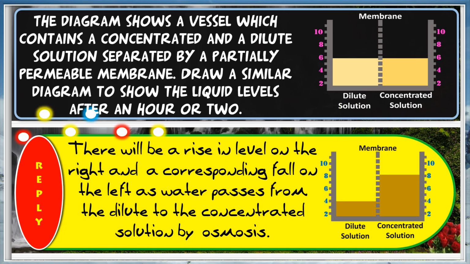There will be a rise in level on the right and a corresponding fall on the left as water passes from the dilute to the concentrated solution by osmosis.